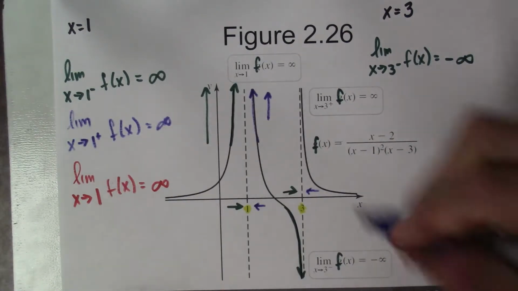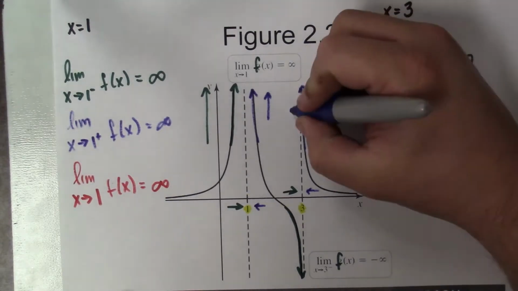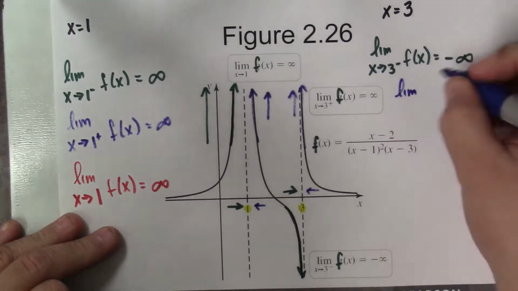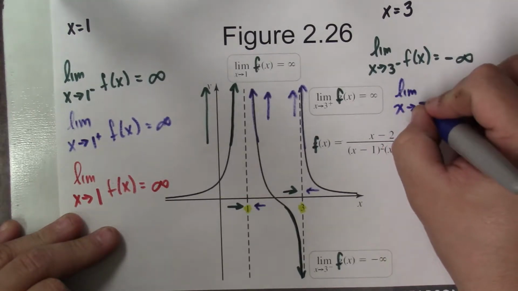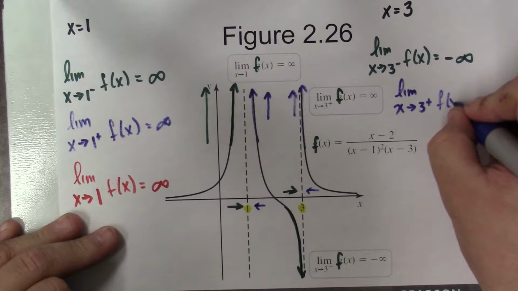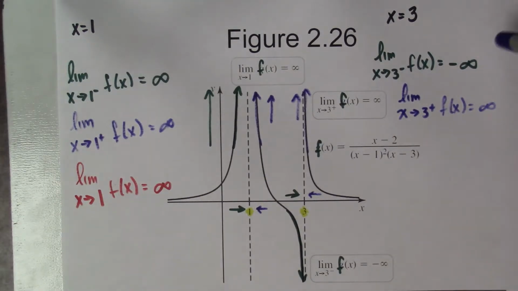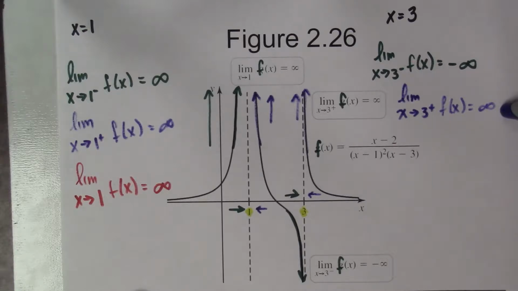And as we come from the right, it is increasing without bound. So the limit as x goes to 3 from the right of this function is infinity. Now, negative infinity and positive infinity are not the same. Not all infinities are created equally.